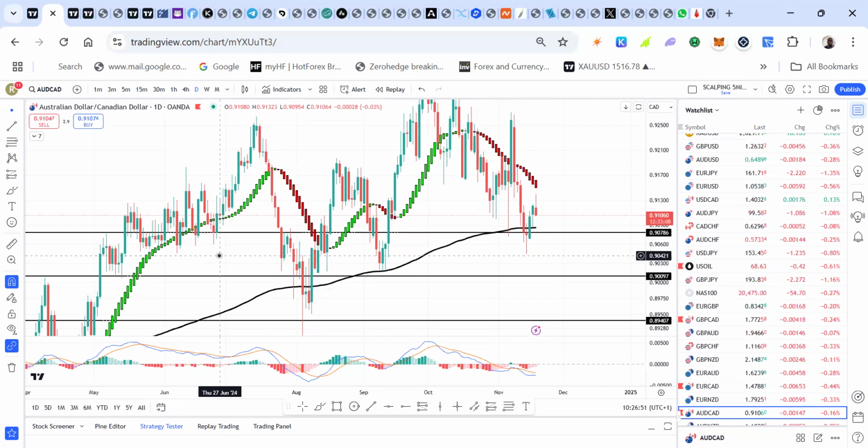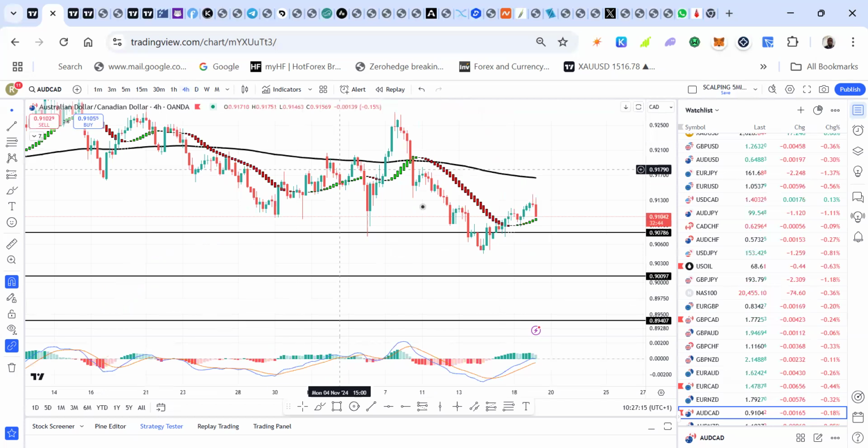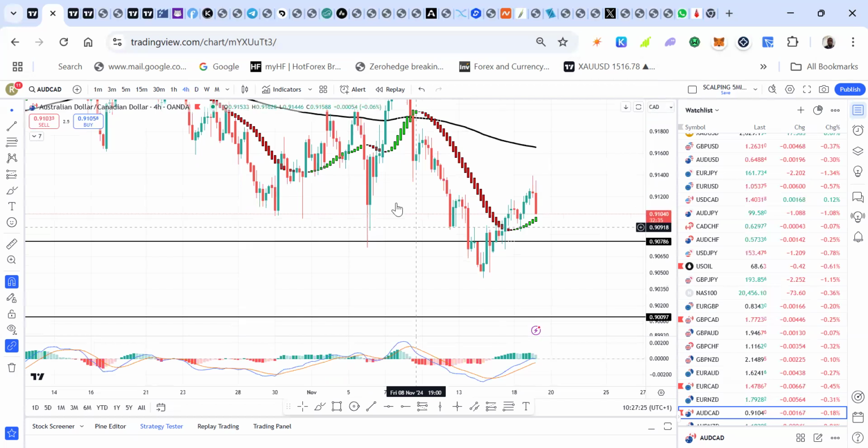So you want to go to lower time frame and look for sells, because the sells will be more potent than your buys. You'll be doing buys, but those buys will be very short-term compared to your sells. So you come to 4 hours. You can see the sell that has come like this from here. Look at where this sell started.